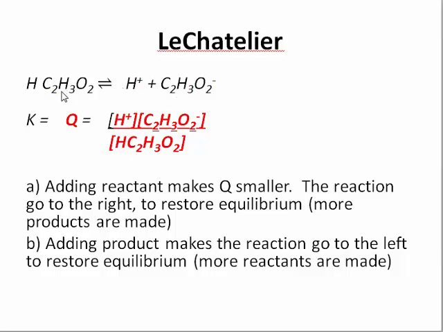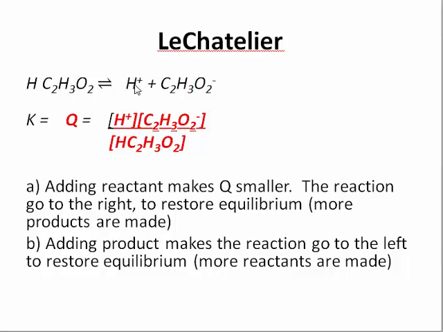Q will become larger again and become equal to K if the reaction proceeds to the right, if the balance shifts so that more acetic acid reacts to make more product. So the system will obey LeChatelier's principle and will shift to more product to restore equilibrium.